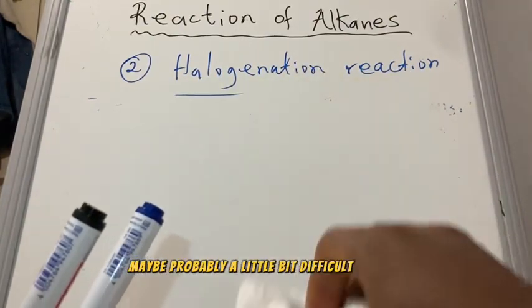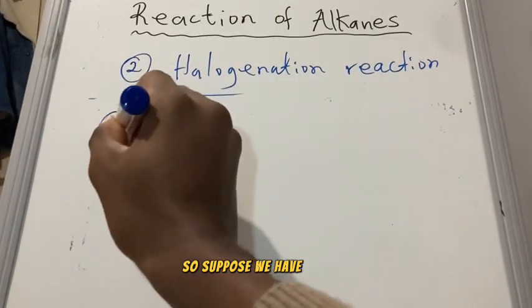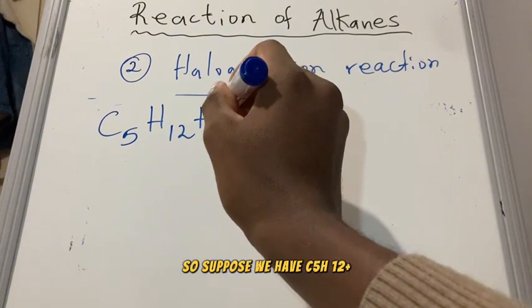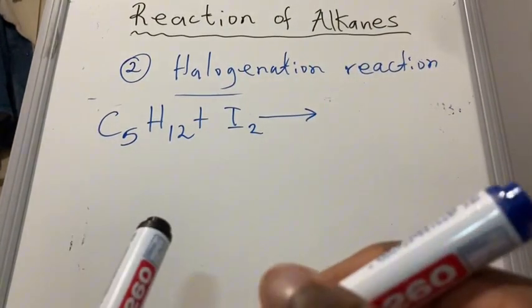Maybe too difficult for you. So suppose we have C5H12 plus Br2.